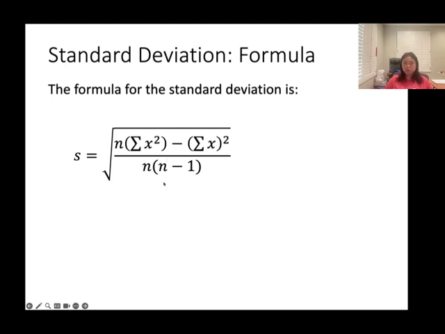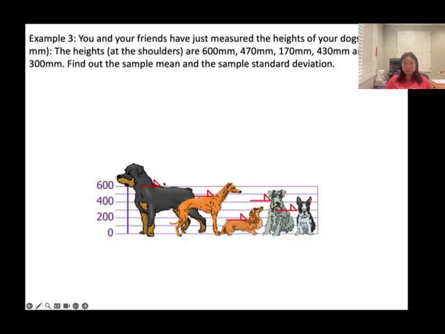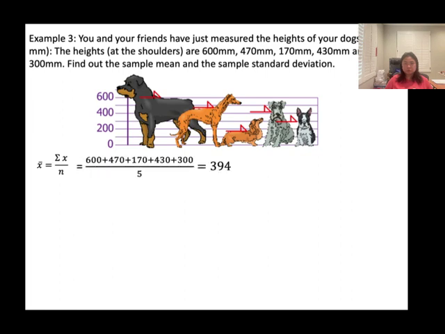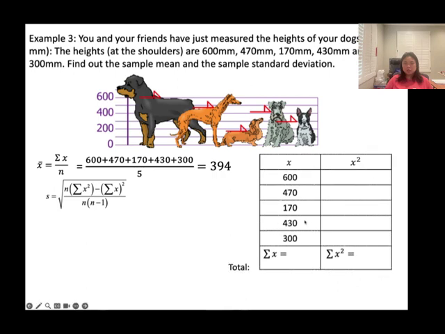Okay, I'm going to show you guys the example. Same example here, finding the mean, okay? And then I will be using a table like this. For x, I will just write down the data. The x represents the data 600, 470, 170, 430, and 300.